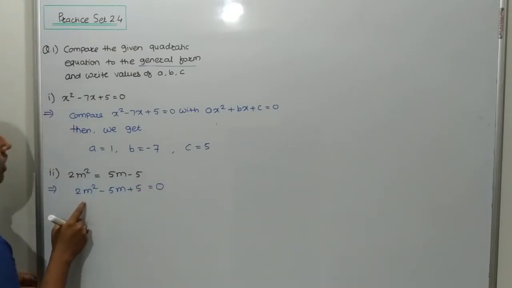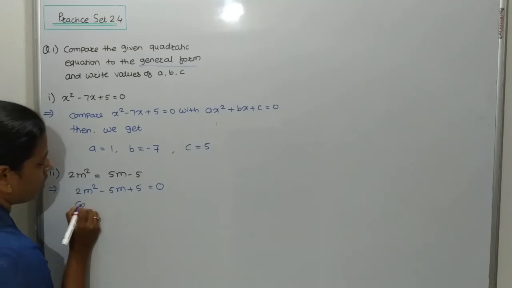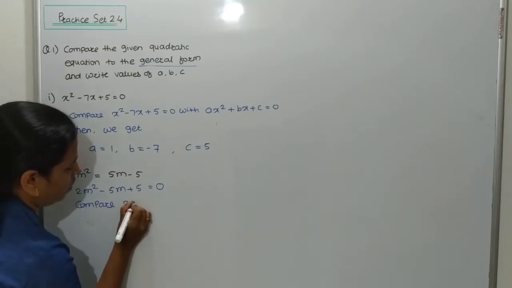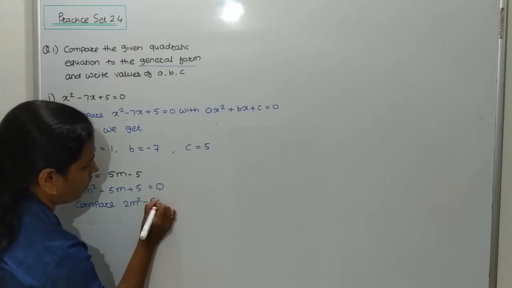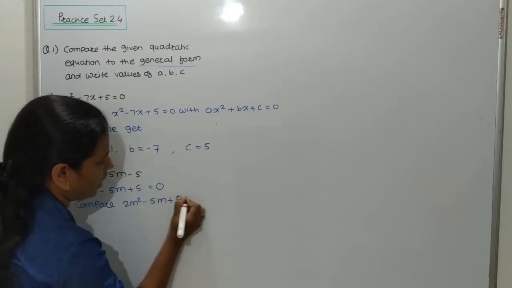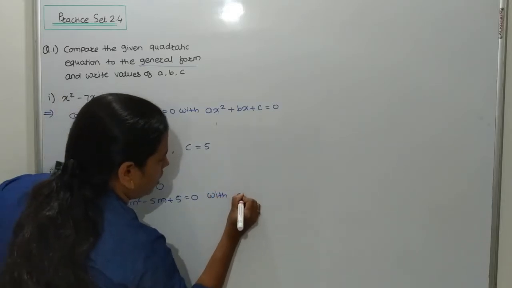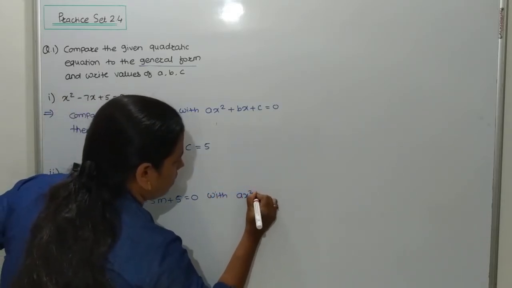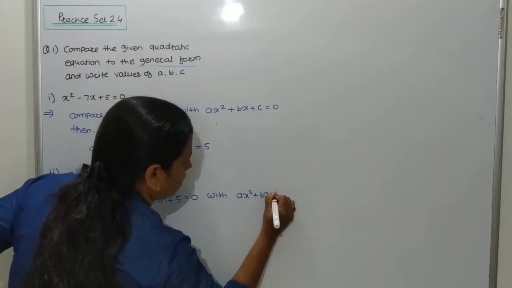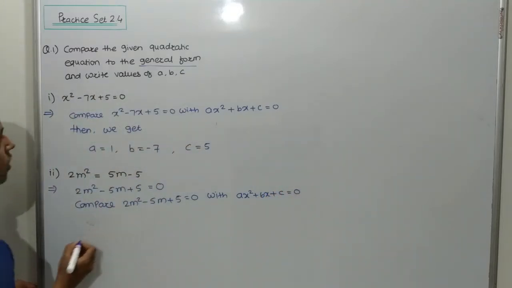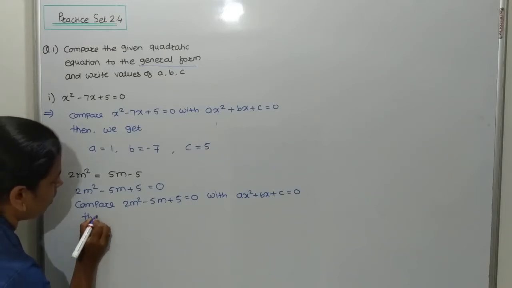Now compare this statement with, write down, compare 2m square minus 5m plus 5 is equal to 0 with ax square plus bx plus c is equal to 0. Then we have to get here what?